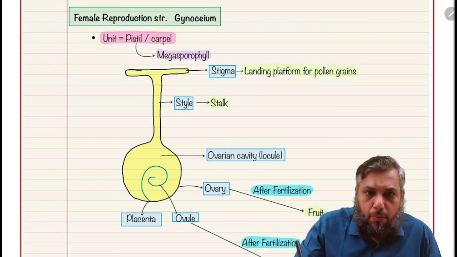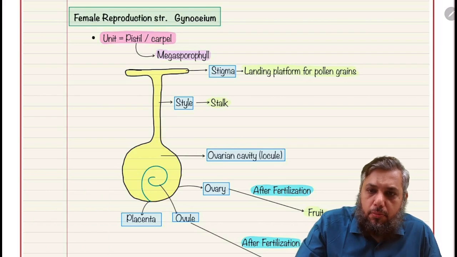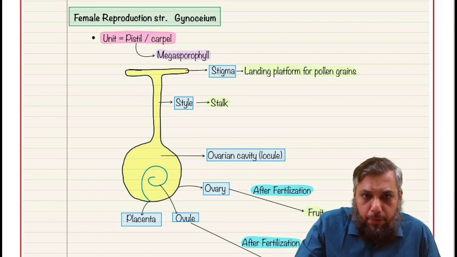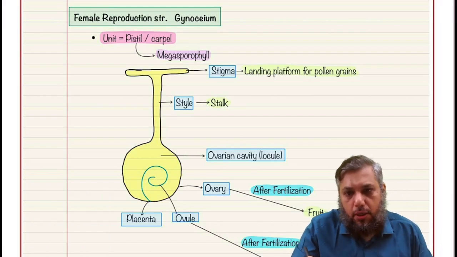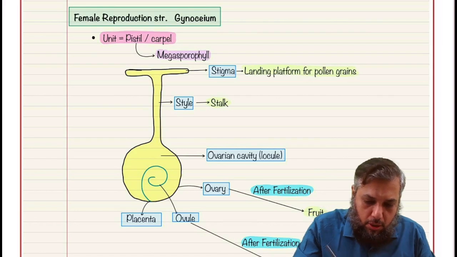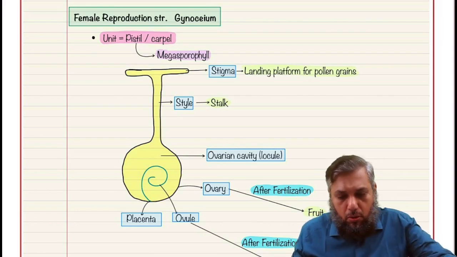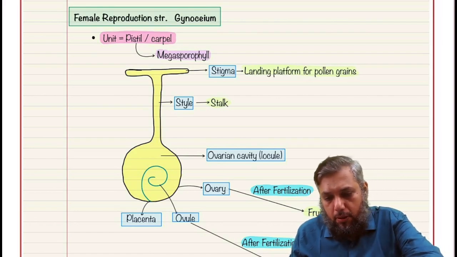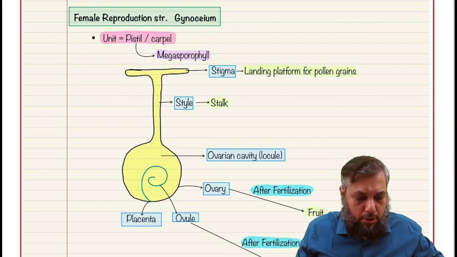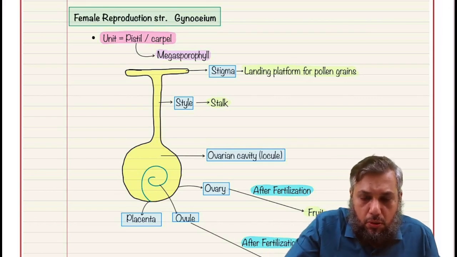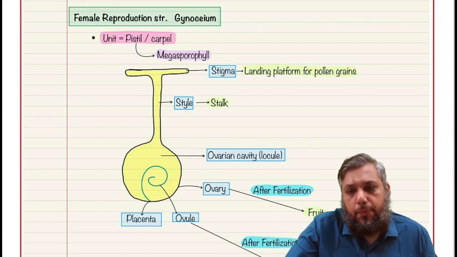So here, the gynoecium is the female reproductive whorl, and the single unit of the gynoecium is called a pistil or a carpel. Pistil or carpel is the term used for the single unit that makes up the gynoecium.